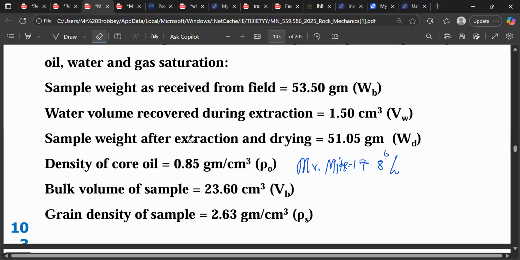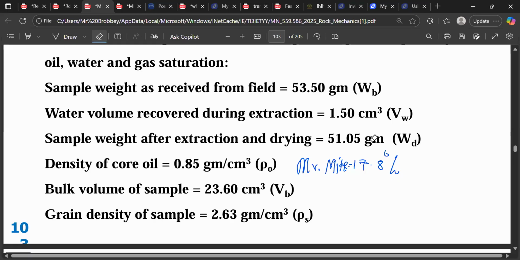In soil mechanics, they mix weight with mass, but don't be confused. Always use your unit to tell what you are given. Water volume recovered during the extraction is 1.5 cubic centimeters, which is the water content enclosed in the sample.